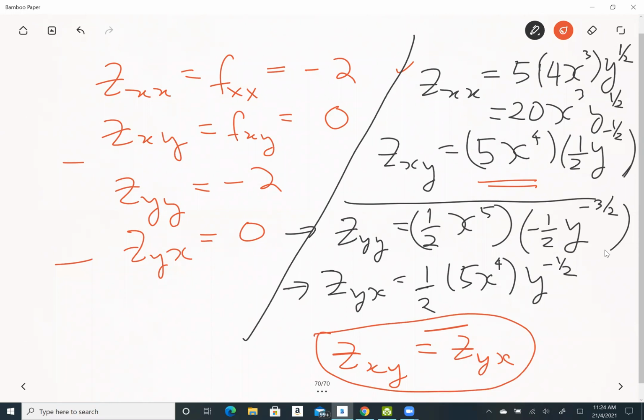The derivative of zx with respect to y and the derivative of zy with respect to x, they are equal. For example, here 0 and 0, they are the same. For the second example, it's not so straightforward. I want you to go back to the zxy, simplify a little bit, and then zyx, you simplify a little bit, then you will see that they are equal.